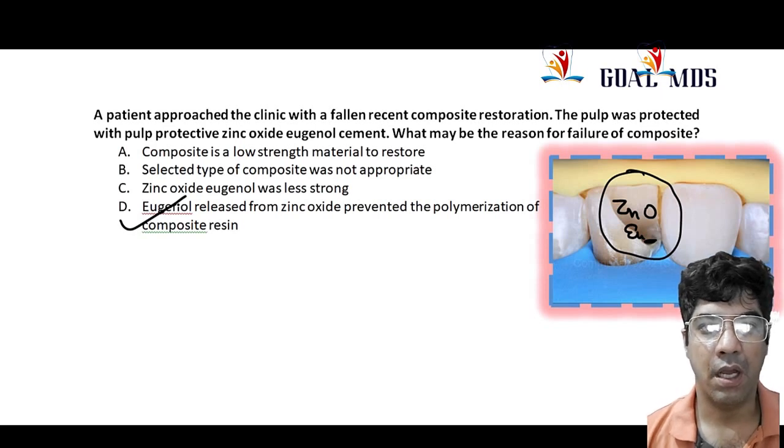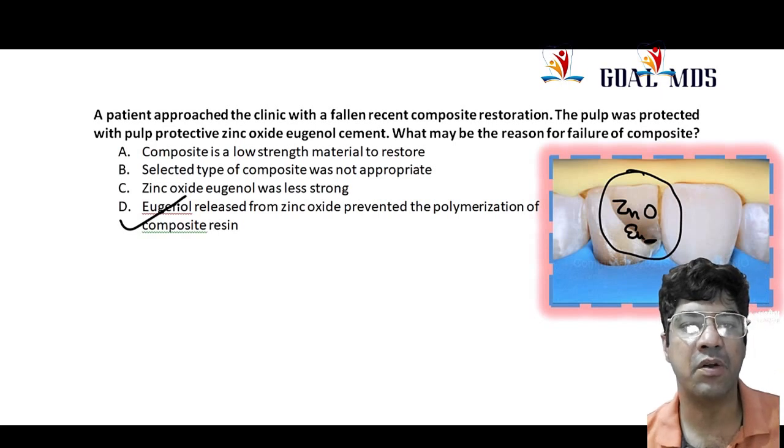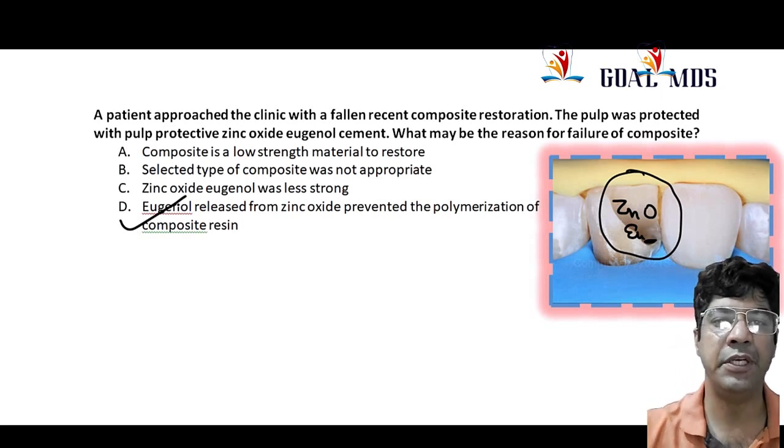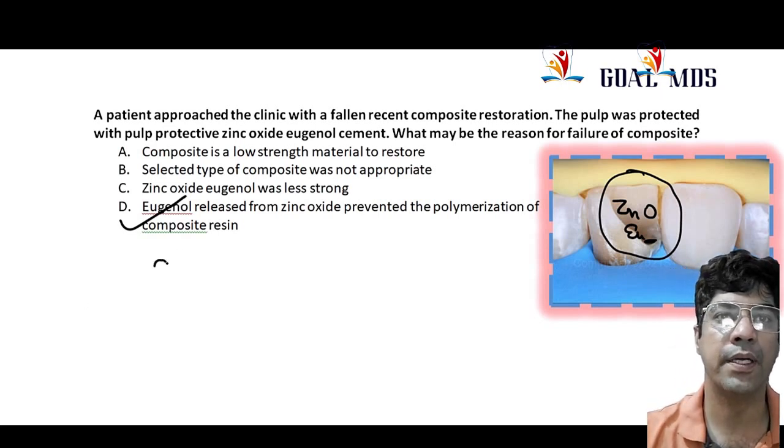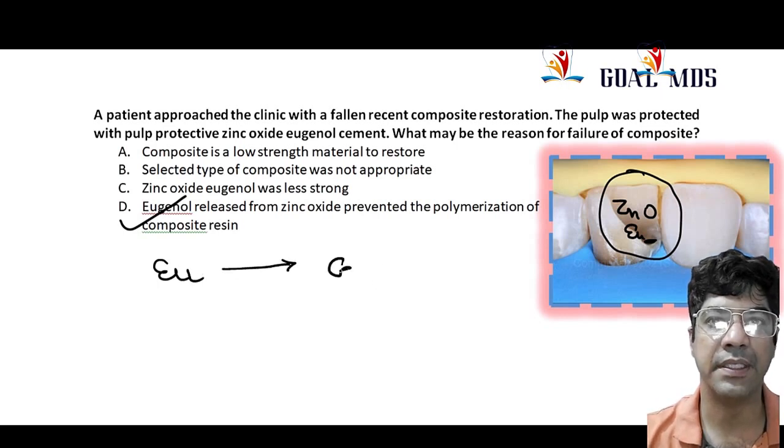So when a composite restoration fails after being placed over a zinc oxide eugenol cement, it is due to the eugenol component interfering with the composite resin.